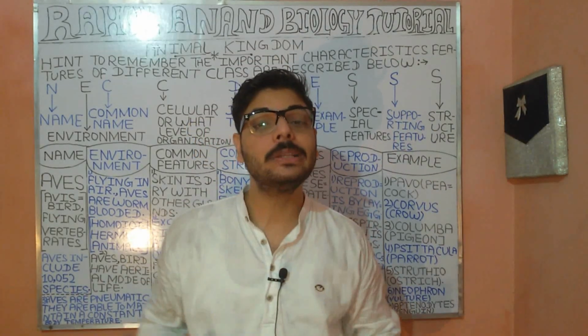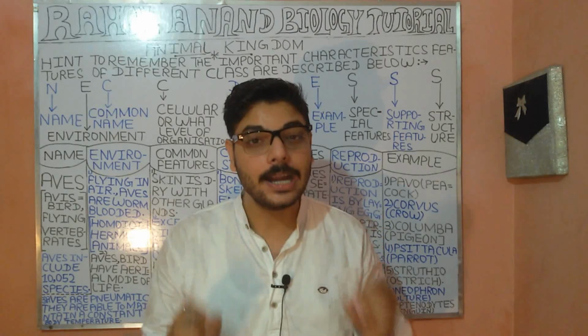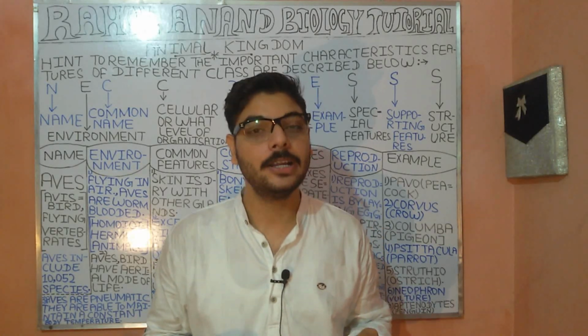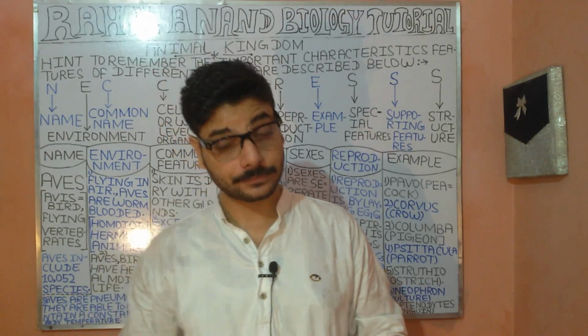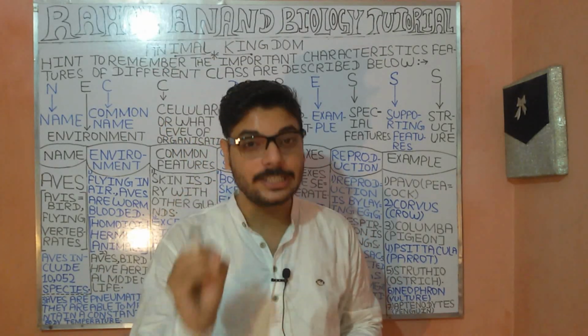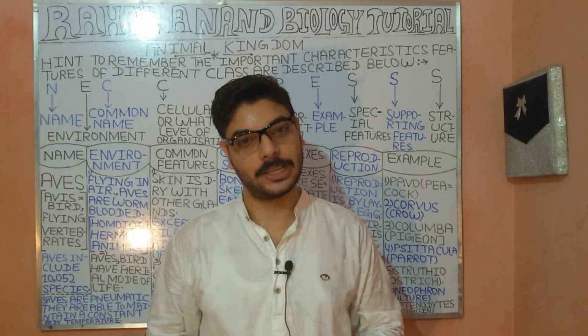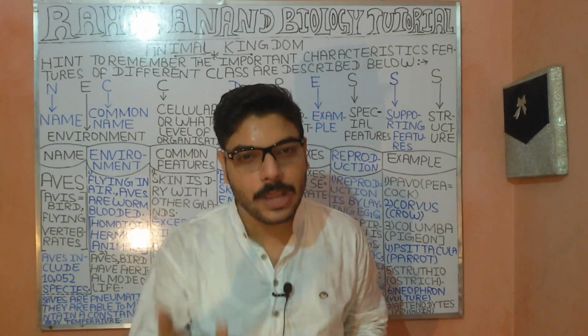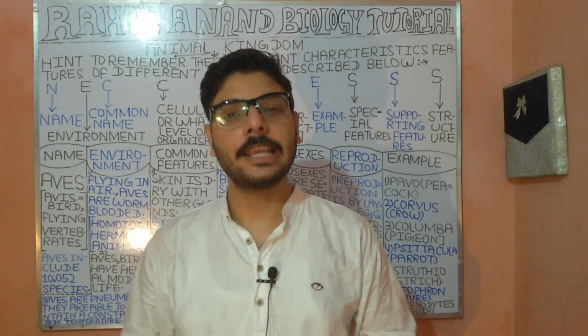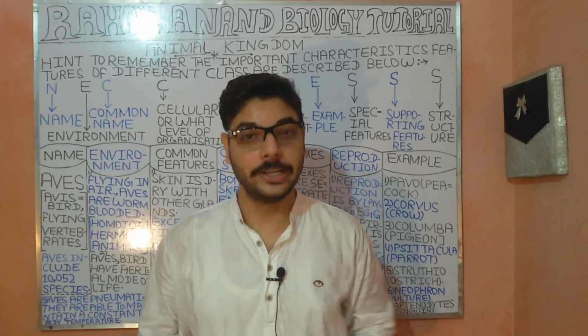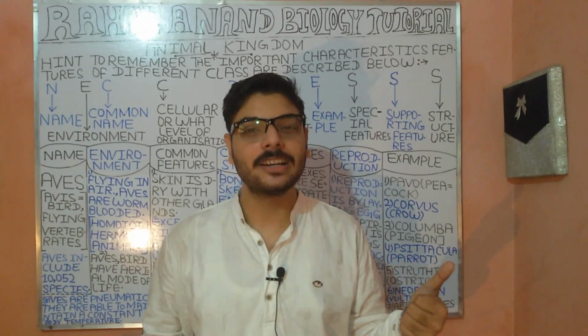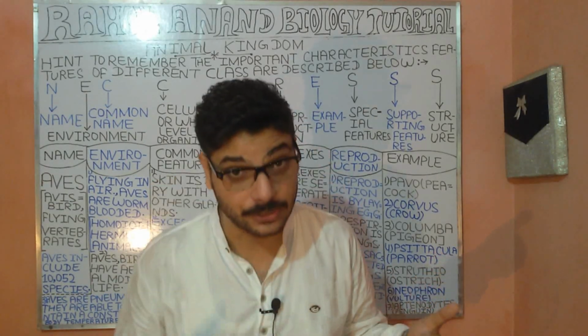When we deal with the Aves, their heart is four chambered, and the scales are absent in the Aves skin. Then the Aves have what? Tell me, the bony endoskeleton. Thus these come under the common structure.